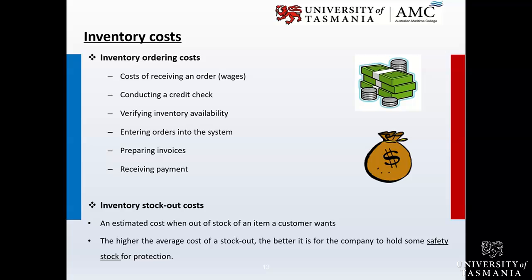Next is stock out costs. Stock out cost is an estimated cost. Also, the higher the average cost of stock out, the better it is for the company to hold some safety stock for protection.